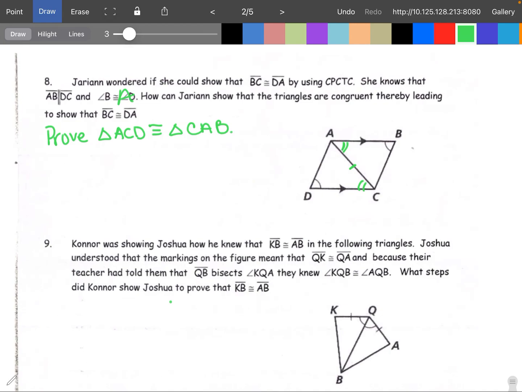Much better. Okay. So to do that, I'm going to say that angle BAC is congruent to angle DCA by the alternate interior angles theorem. I'm going to say that AC is congruent to AC by the reflexive property.